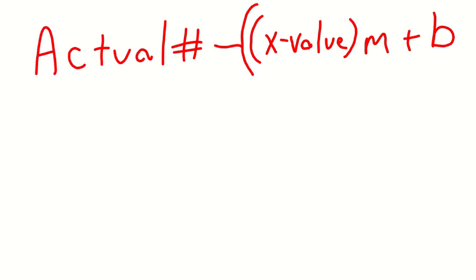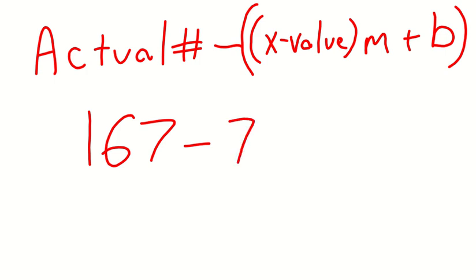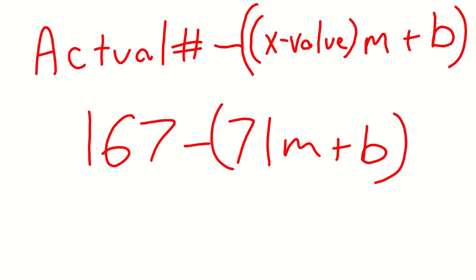Actually, sorry, we won't put all that in parentheses. So when you put that in, for this one we had 167 minus 71m plus b. That's going to look like this on a row in Desmos. Everybody kind of follow on that? What that does is it takes away that rounding. Otherwise, you're always going to get answers that are a bit different than what you see as answer choices. Okay? Any questions?